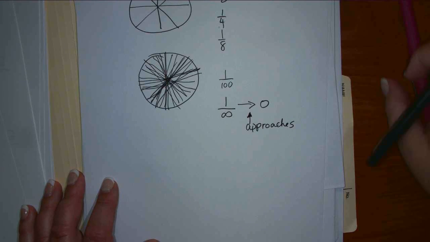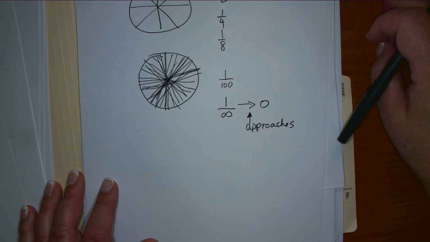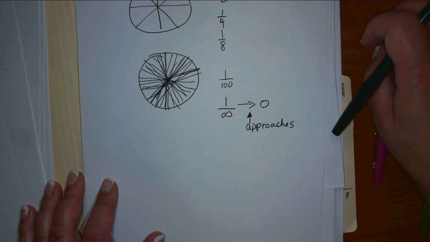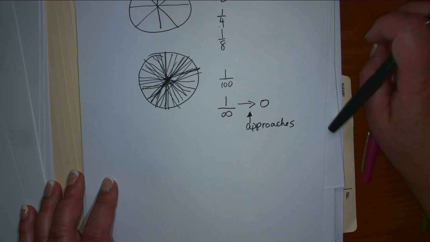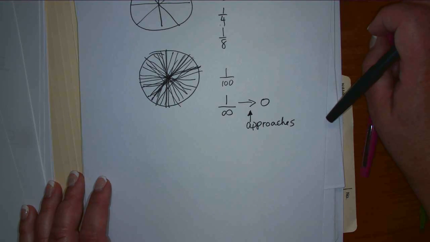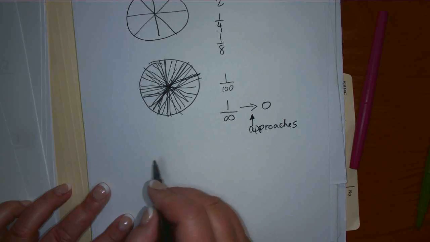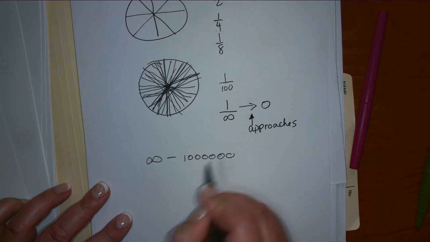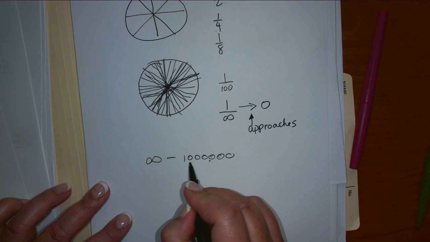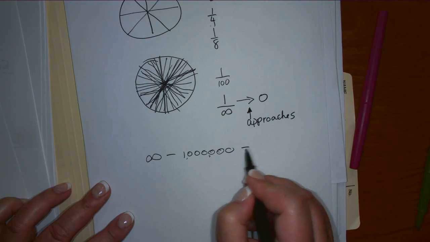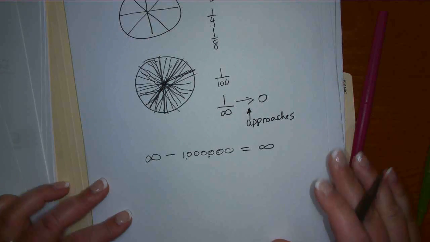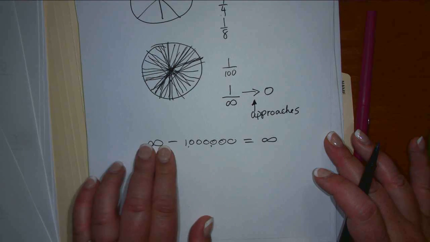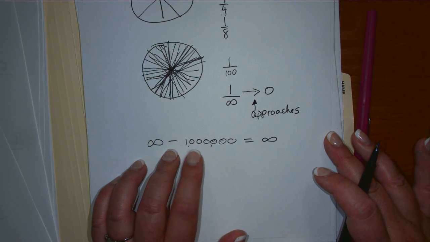2 times infinity? What about infinity minus 10,000? Still infinity. Infinity minus a million is still infinity. The only way to not be infinity anymore, what could we subtract?